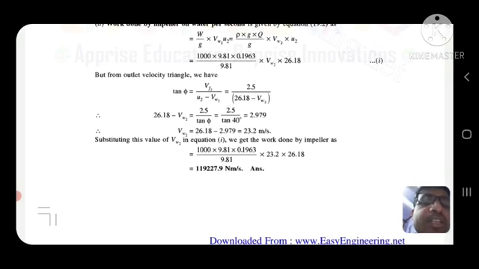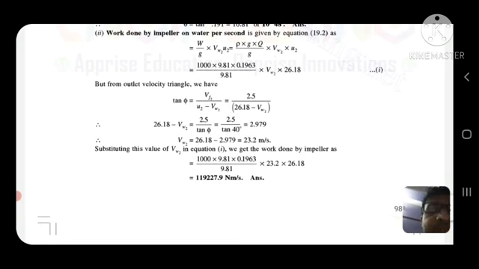But from the outlet velocity triangle we have tan phi is equal to Vf2 by U2 minus Vw2. So 26.18 minus Vw2 is 2.5 by tan phi, that is equal to 2.5 by tan 40 degree, so 2.979. Vw2 is equal to 26.18 minus 2.979, 23.2 meter per second.